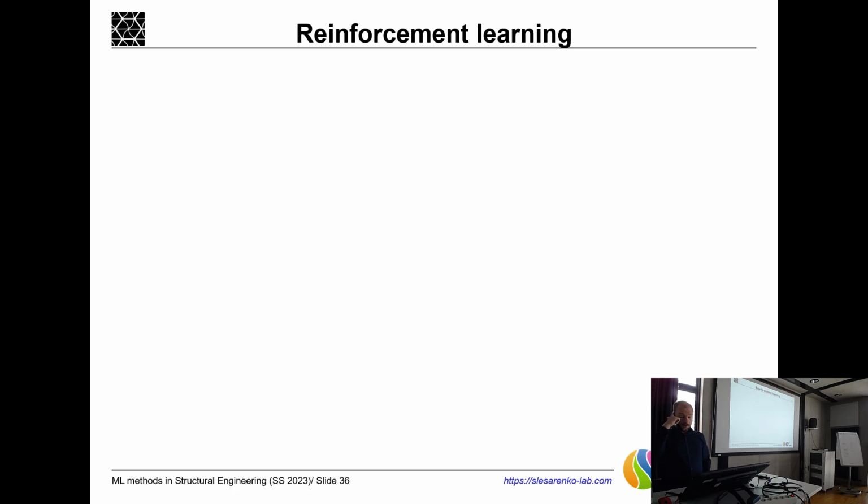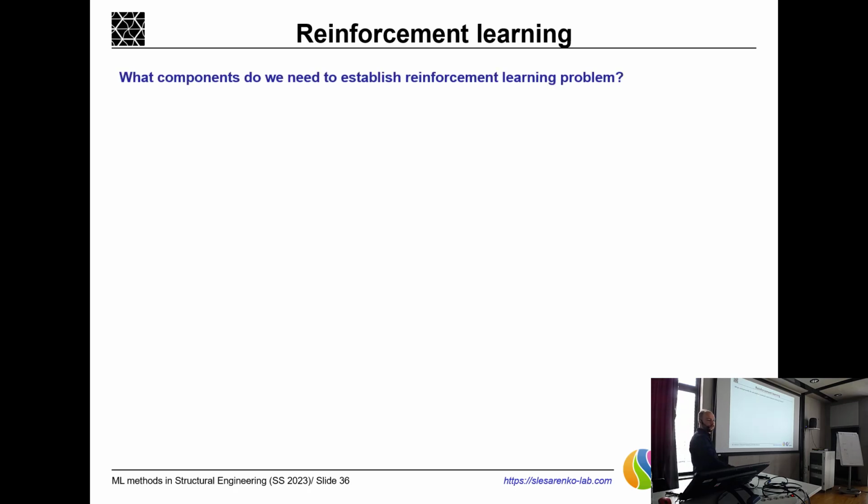And finally, the final lecture was again a new topic. It's also sort of sequential thinking, but it's a very different field of deep learning in general. It's deep reinforcement learning. What components do we need to establish a reinforcement learning problem? Do you remember? It's the last lecture. So what's states? What else? State?